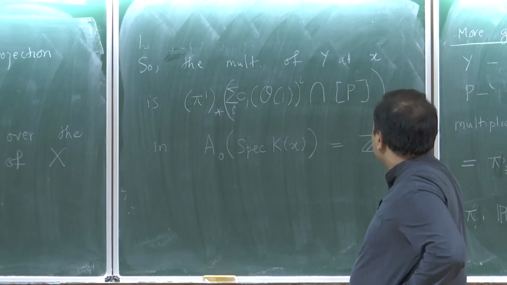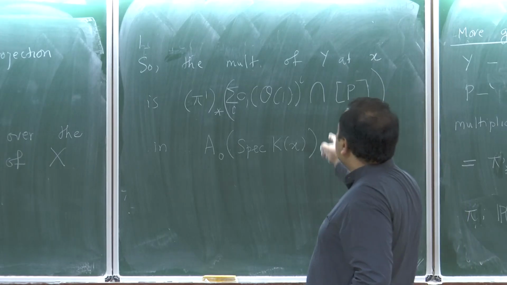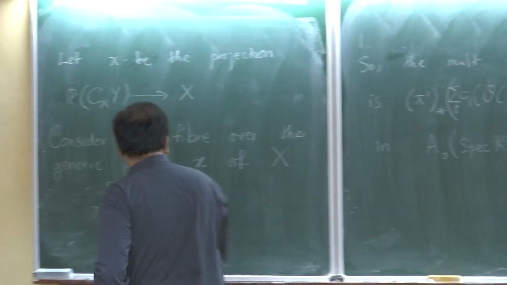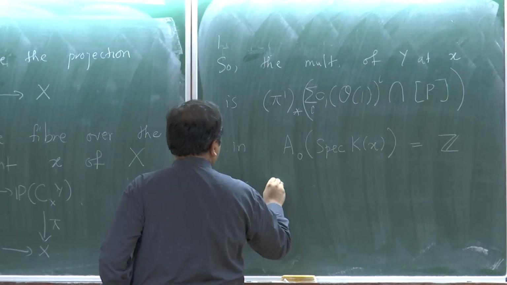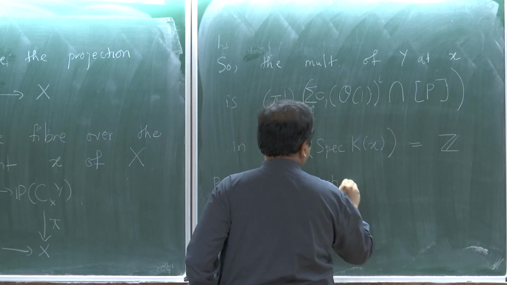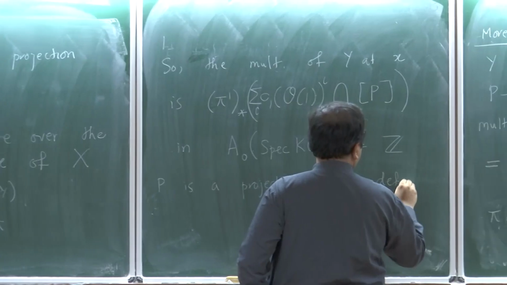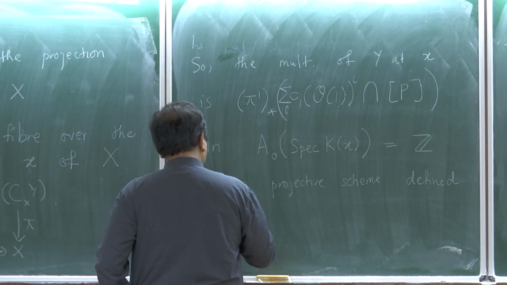Yeah, so the reason why I wrote it out like this is that now this entire calculation that I have done, see, P is just a projective variety, a projective scheme defined over the field kappa x.